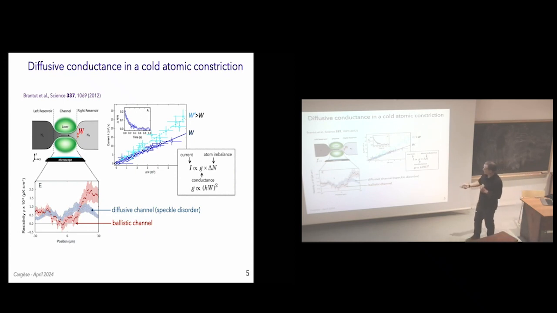And here you see an example of such a measurement of resistivity really in the constriction at all positions for a diffusive constriction, so with the speckle, where the resistivity is finite, so it should be constant, it's a bit fluctuating, and also for a ballistic constriction with no disorder, in which case the resistivity is zero. The conductance is infinite because you have perfect transport. So this is an example.